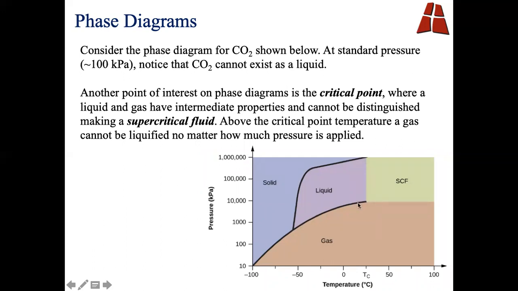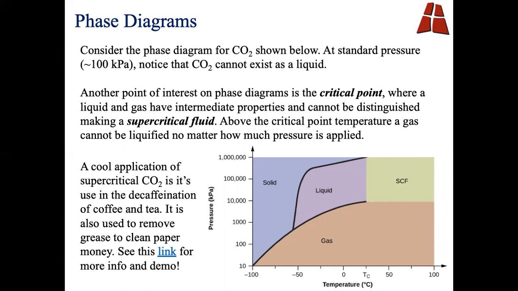This is where a liquid and gas have intermediate properties, something called a supercritical fluid. So it's not really a liquid, it's not really a gas, it's something in between those. And so at a certain point, we can't distinguish between those two phases of matter. That is called the critical point. And again, what you get above that point with both temperature and pressure is a supercritical fluid.